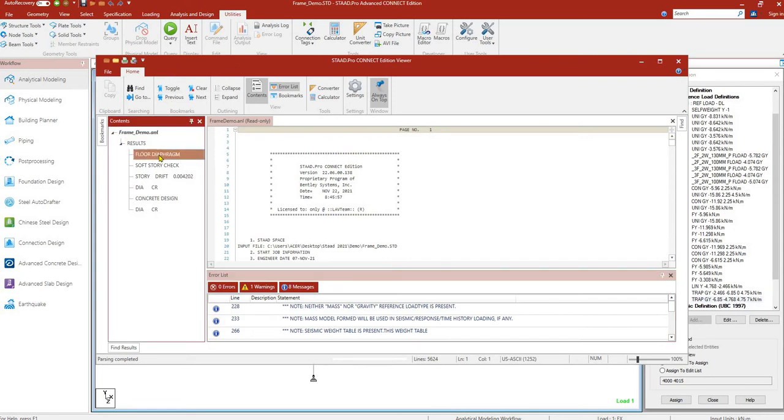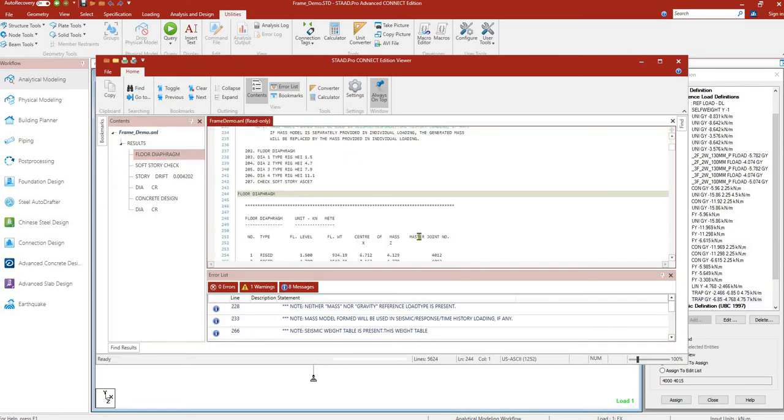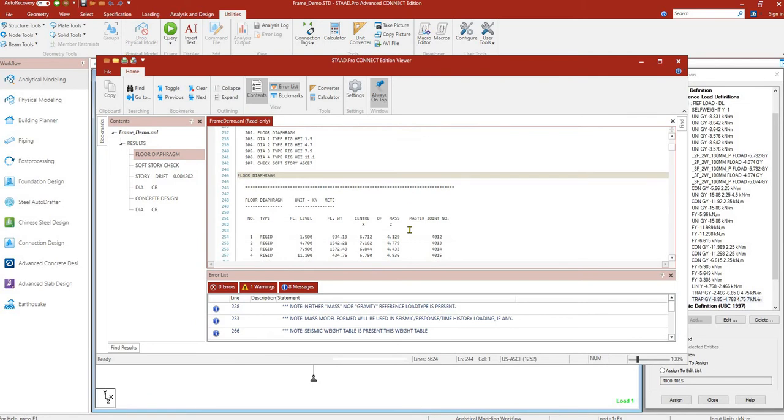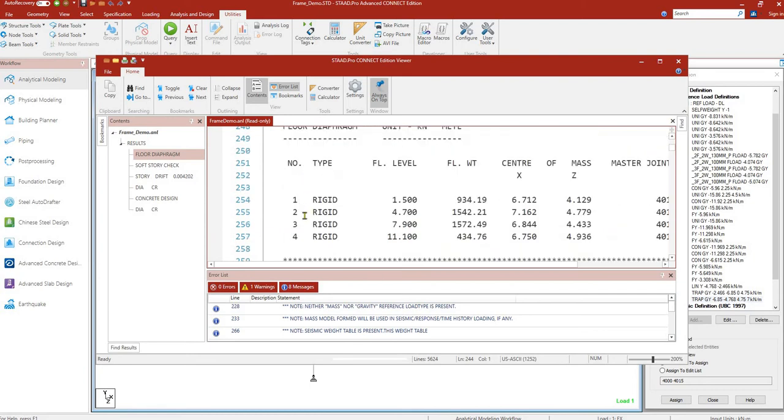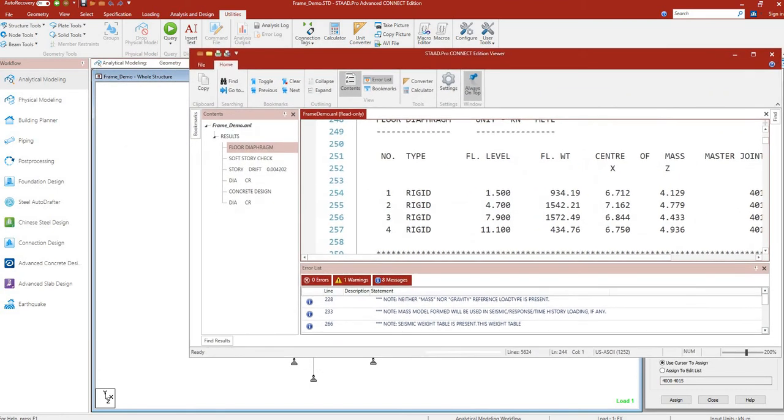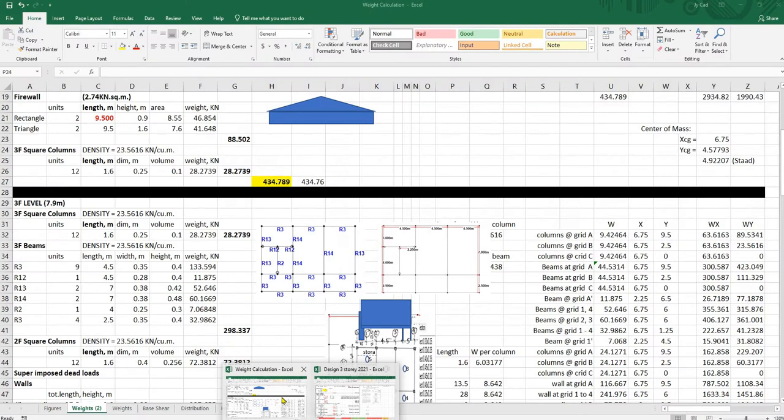Dito tayo sa floor diaphragm. Ayan siya. So, ito siya. At number 4, or this is level number 4, the height from the support is 11.1 meters. So, floor weight 434.76. So, we can compare that with our Excel.